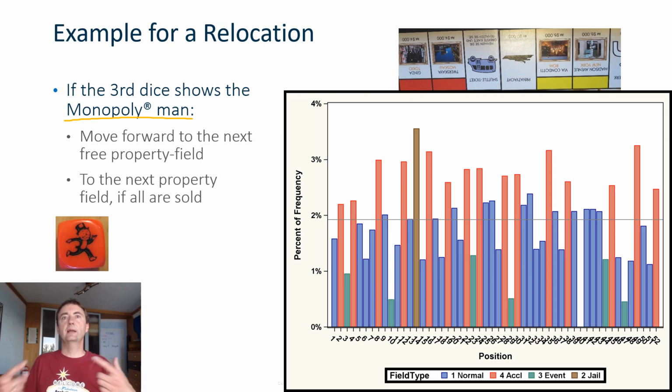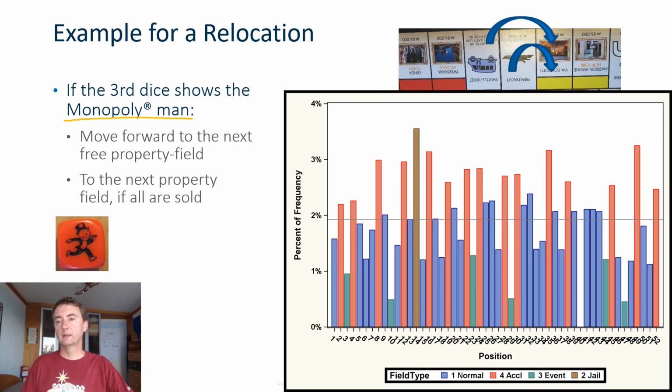This has an accelerator effect because now your token more often visits free property fields, which you have the chance to buy or to include in your portfolio. So this accelerates the effect that you more often have the chance to buy a property. However, it also has the effect that a relocation takes place more often. So let's take a look at that.